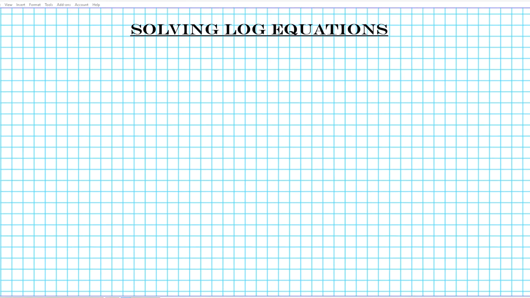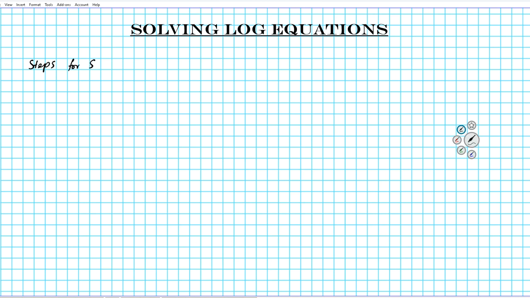Alright, to get us started, we're going to take a look at the steps that will be guiding our problem solving process. So we're taking a look at the steps for solving log equations.